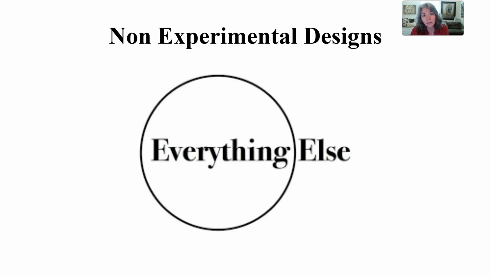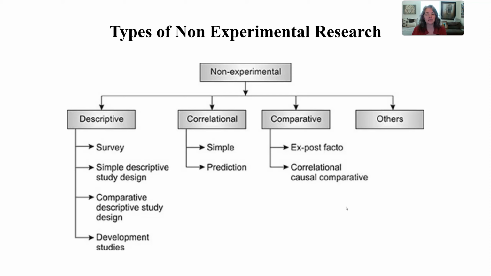If I cannot randomly assign who is in each of the different groups, then that is a non-experimental design. So for the purposes of this class, you've studied and explored in your lecture module all different types of non-experimental studies.